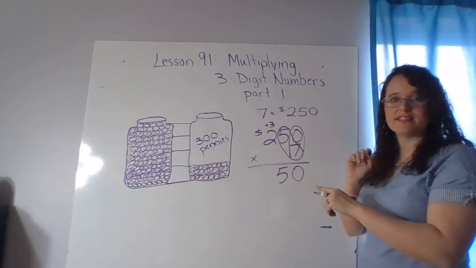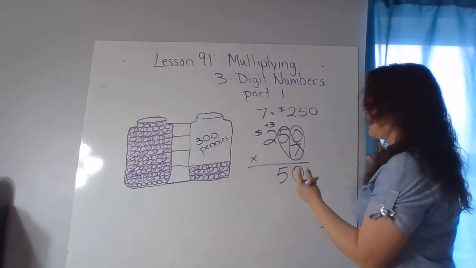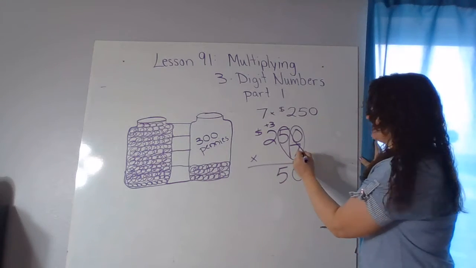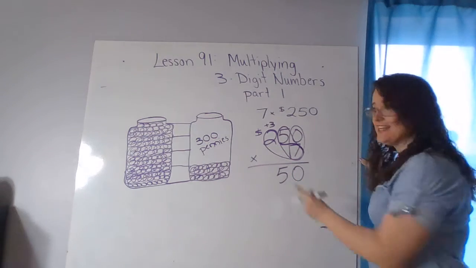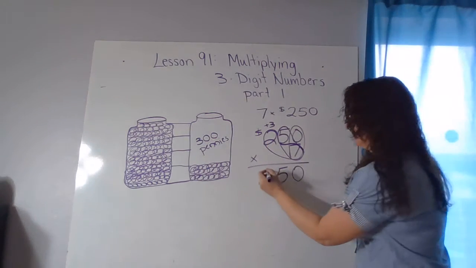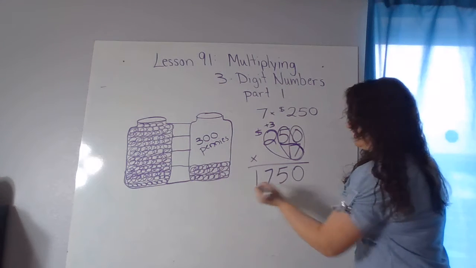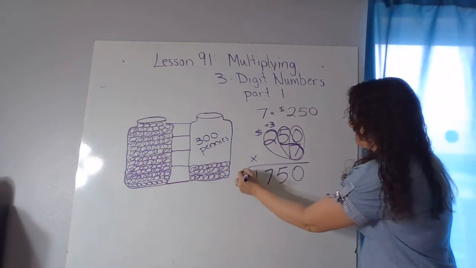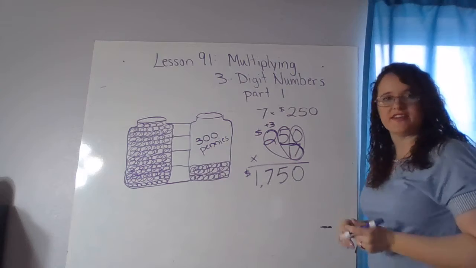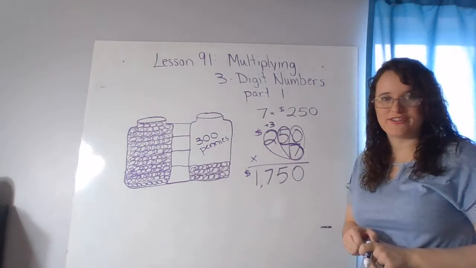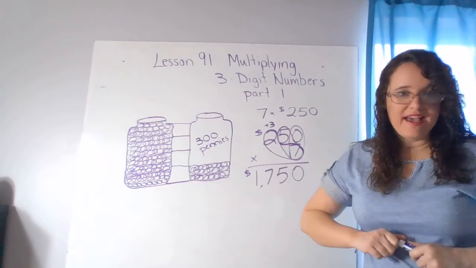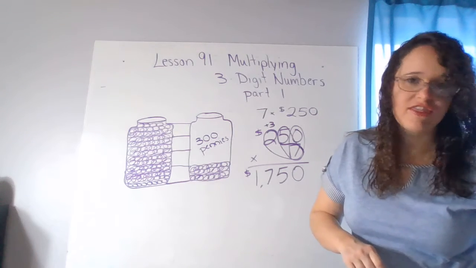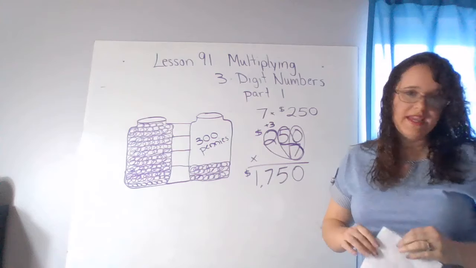So I write the plus 3 there just to remind us that we're adding. So now we do the hundreds. 7 times 2 is 14 plus 3. And it's money, so we have $1,750.